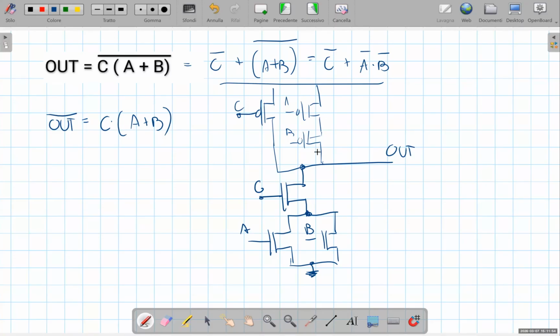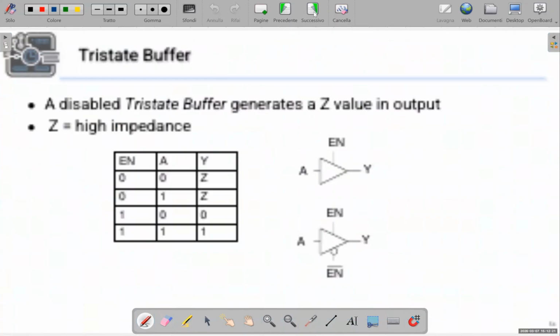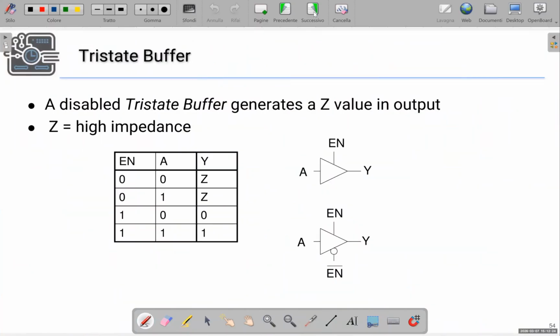So if we exchange series with parallel and parallel with series, we get the topology of the pull-up network, which is needed so that it operates in a complementary way with respect to the pull-down network, that is, so that the pull-up and pull-down networks are not on at the same time. Okay, let's stop here.